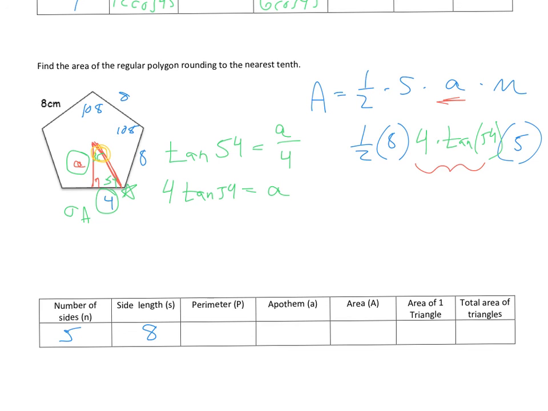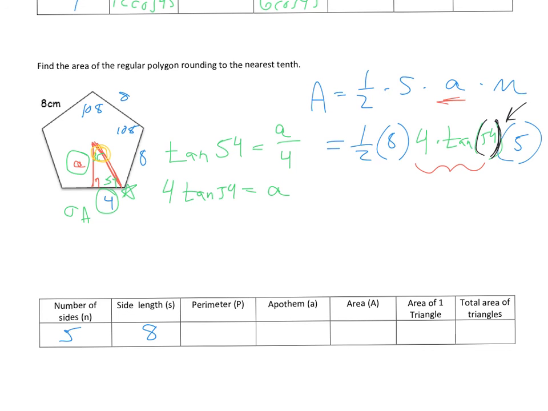So now what we have here is our equation written out. Now, I caution you, when you put this in your calculator, make sure that you close the parenthesis behind 54. Otherwise, it's going to do the tangent of whatever 54 times 5 is, 270, right? It's going to do the tangent of 270 degrees, and it might give you an error or it might give you the wrong answer.